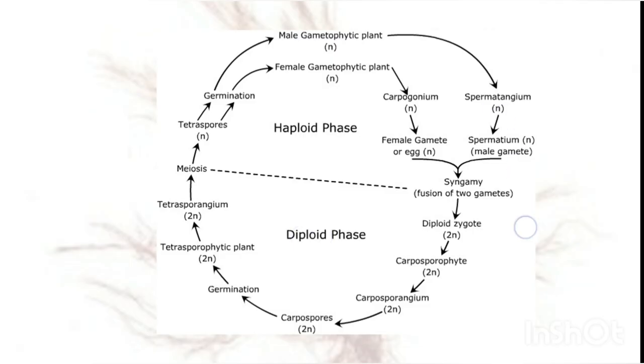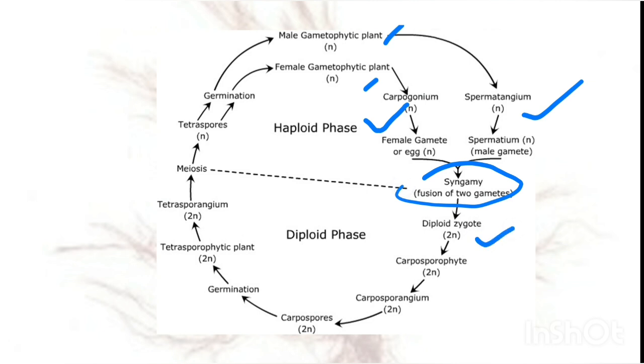So this is the diagrammatic representation of Polysiphonia life cycle. So at first, male gametophytic plant, female gametophytic plant producing carpogonium, and male gametophytic plant producing spermatium. Then they fuse with each other to form diploid zygote, forms carposporophyte.